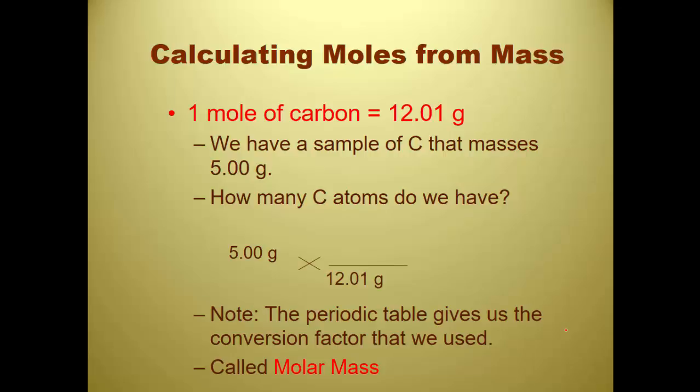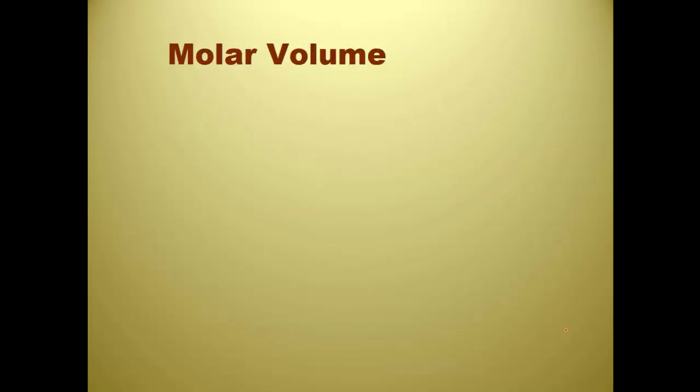Again, we use our conversion table. This is just another way to write it. So we have 5 times 1 divided by 12.01, and we get 0.416 moles. How many sig figs do we have at the beginning? That's right, we have 3. And then how many do we have at the end? 3. It's almost like magic, guys, except it's just being awesome using your sig figs.